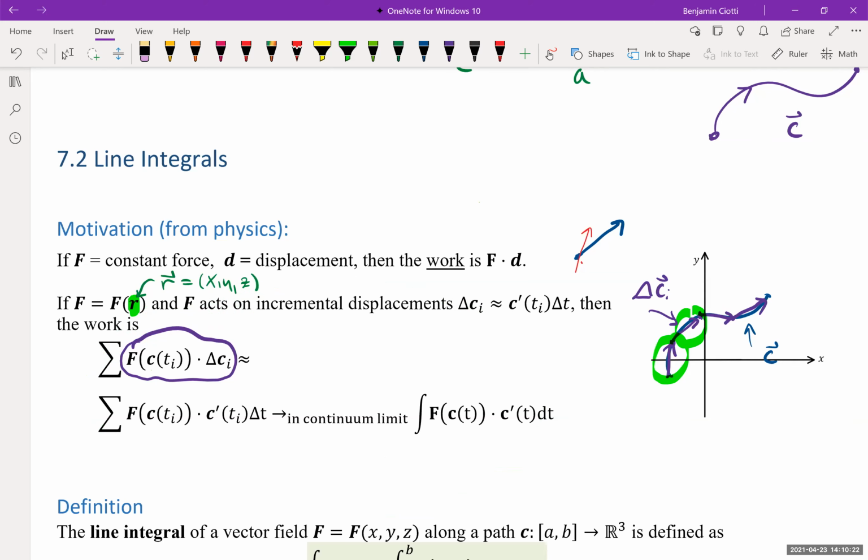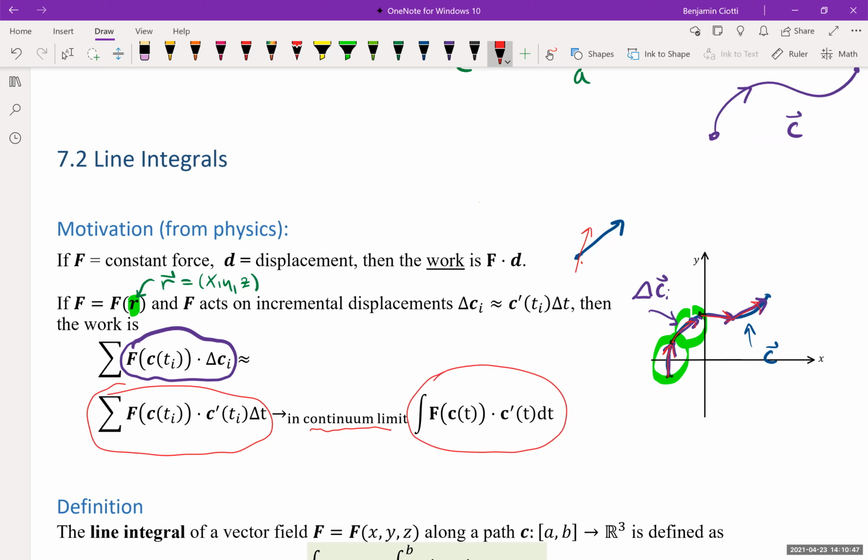I just want to impress upon you that if you add up the work done on a bunch of little incremental displacements, you're going to get a sum of incremental works, and in the limit that you let the number of displacements go to infinity, the so-called continuum limit, you get this formula right here.